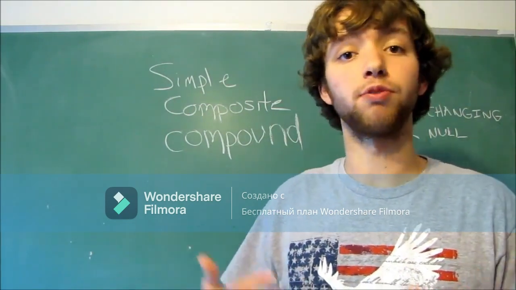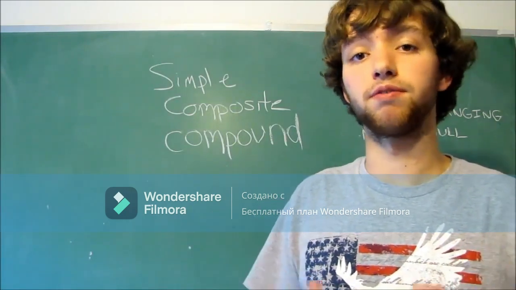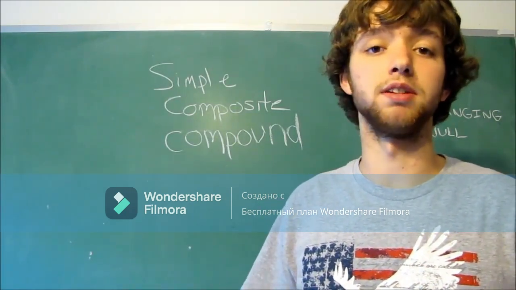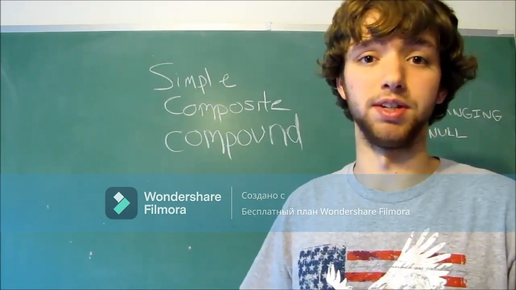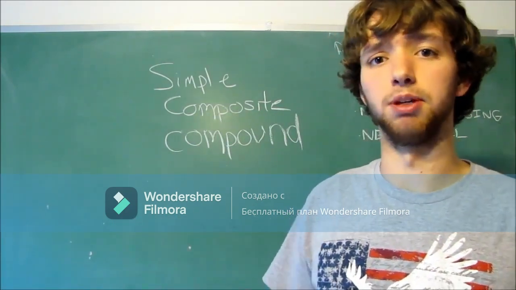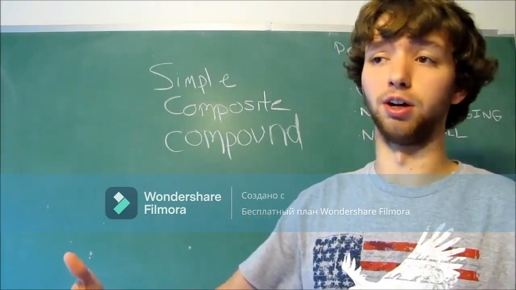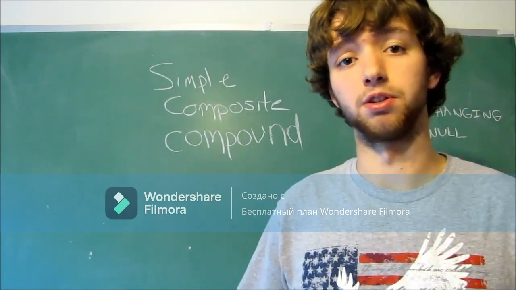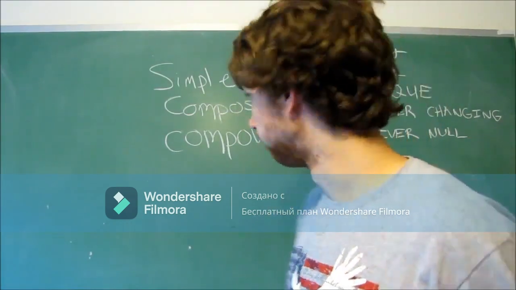Some people go a step farther and break these up into two separate terms. So we're going to be defining both of the terms, but you might see them used interchangeably. So don't be so super technical about the details, and don't be correcting people, oh, hold up, that's not a composite key, that's a compound key. Because most people are just going to look at you like you're an idiot and not really care. Alright, so anyways, moving on.